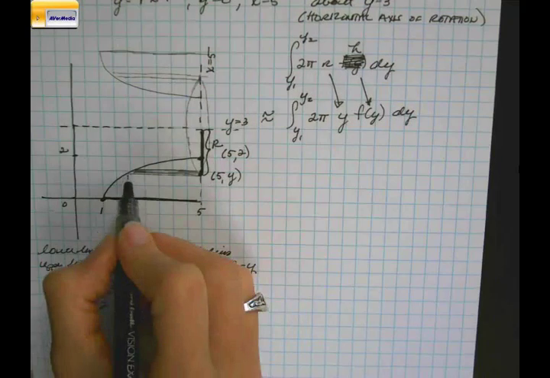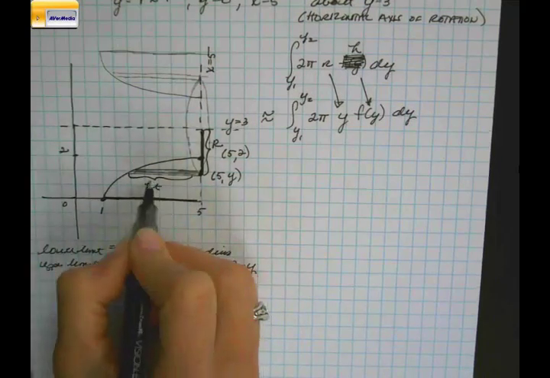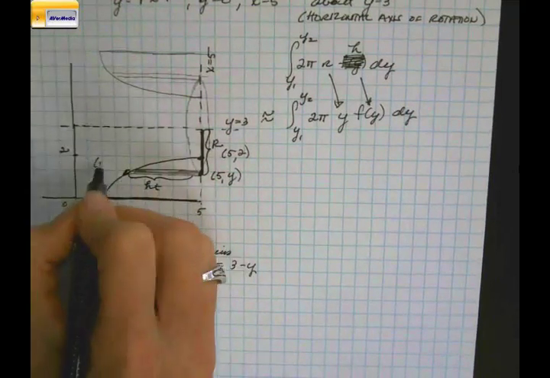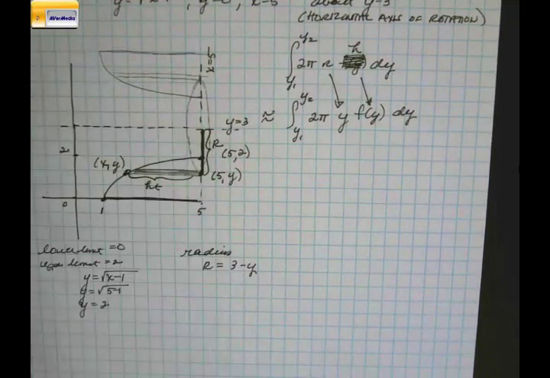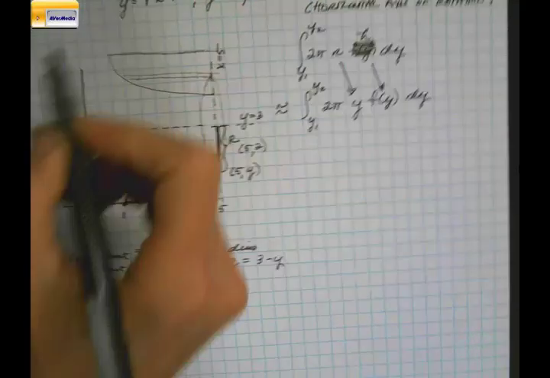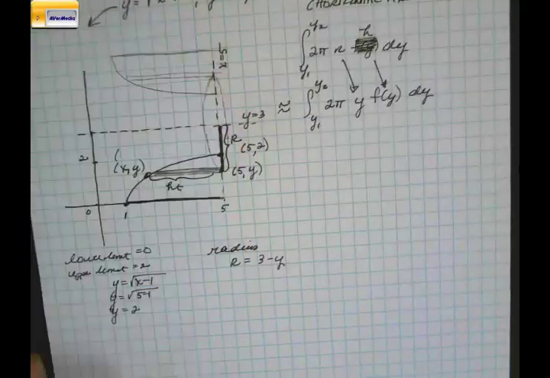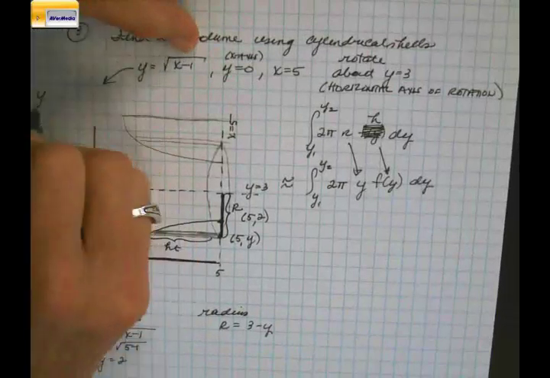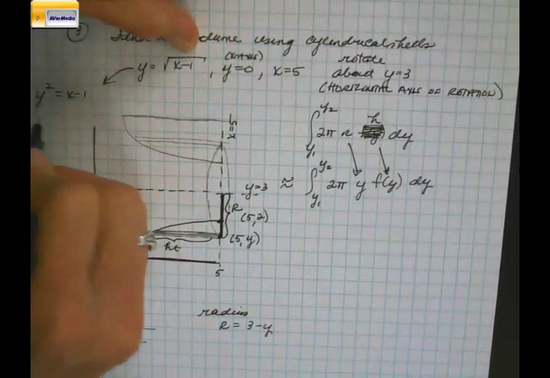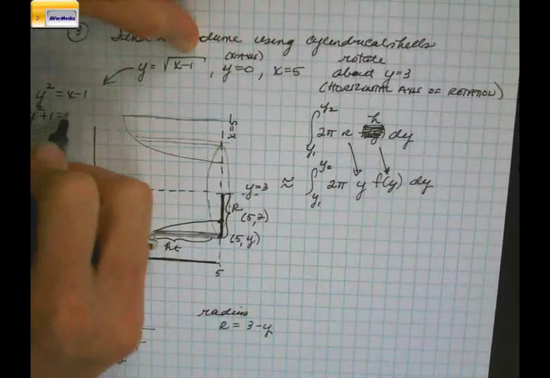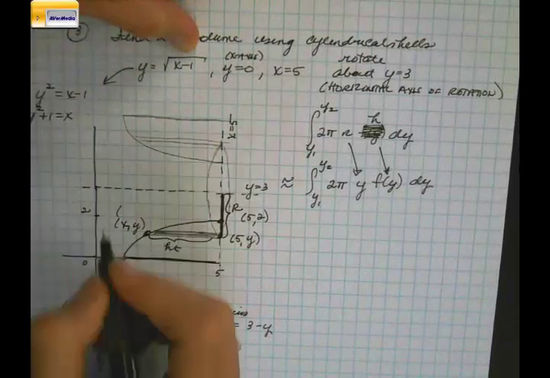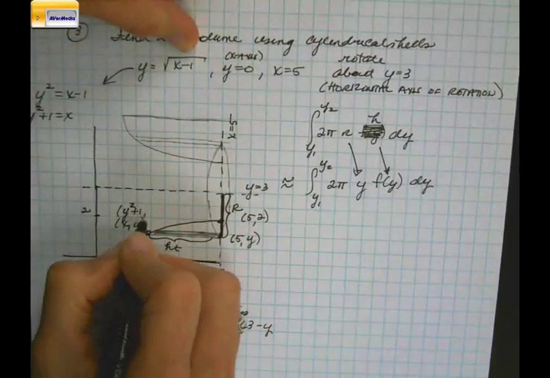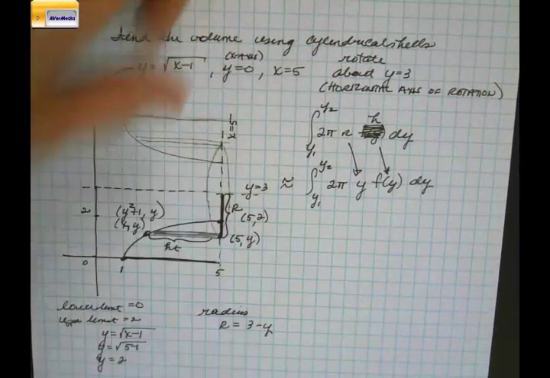Okay, now what is this, which is really the height of my cylinder? Well, we need to get a value here. This is x, y, but everybody's got to be in y. Oh, boy. That's 5 minus y squared. If I have to solve this guy for x, I'd square both sides. y squared is x minus 1. So y squared plus 1 is x, right? So this is the point y squared plus 1, y.